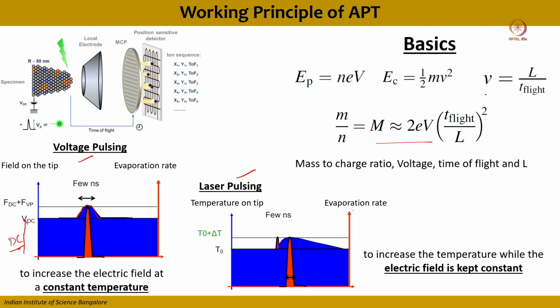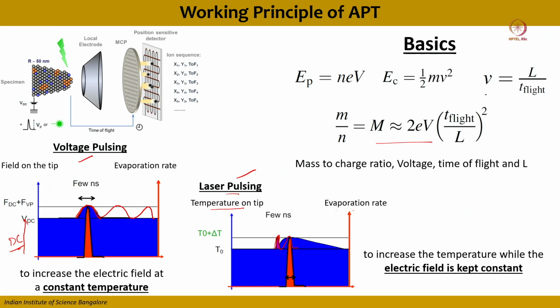Due to this increase in the voltage, you are polarizing the atoms on the surface and they get ionized. This sequential process with time gives what are called voltage pulses. In laser pulsing, you are increasing the temperature as a pulse. So you are creating a pulse, increasing the temperature of the tip surface, again reducing, again increasing.